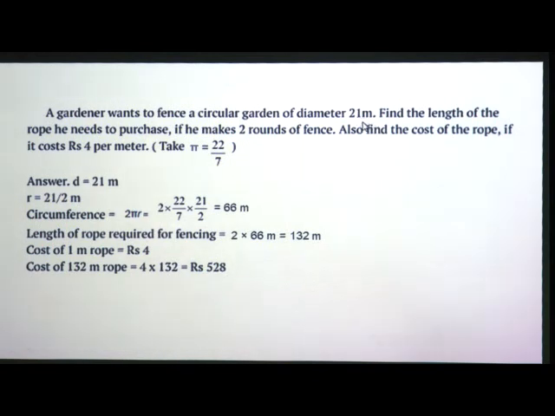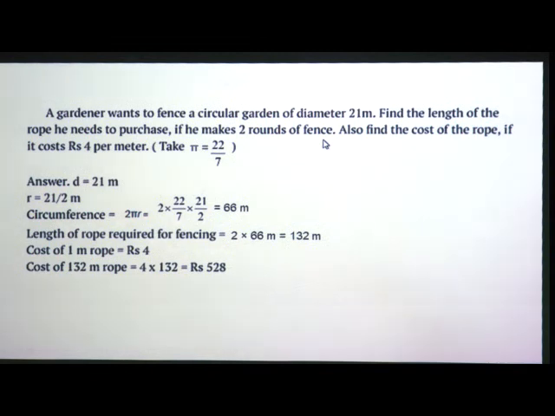The diameter is given to us. Imagine the circle, what is a diameter? The chord which passes through the center of a circle is the longest chord, that is nothing but the diameter. That is 21 meter. Find the length of the rope he needs to purchase if he makes 2 rounds of fence.